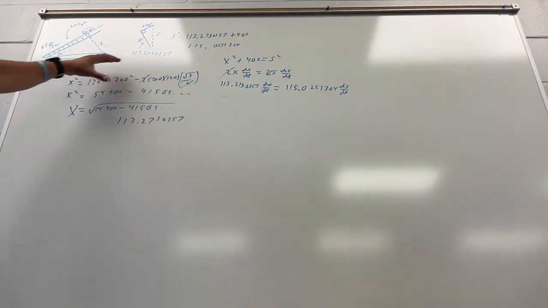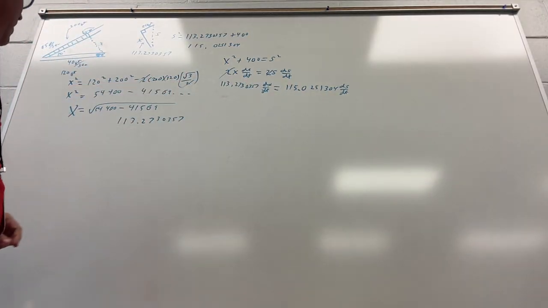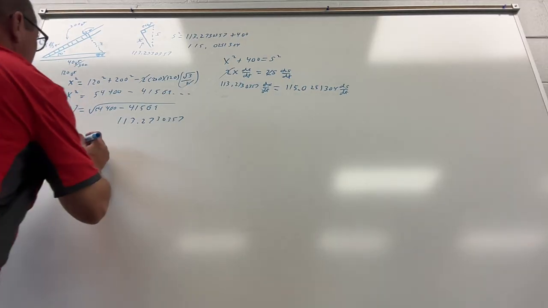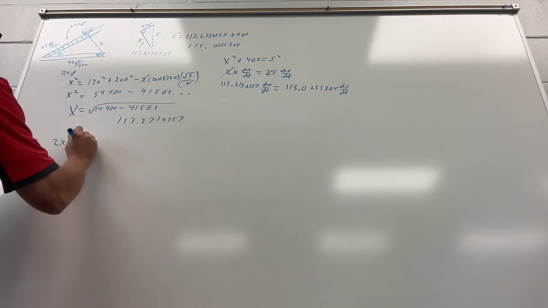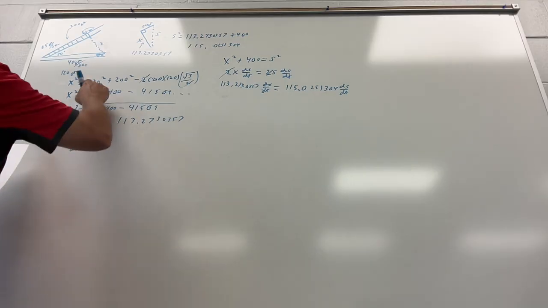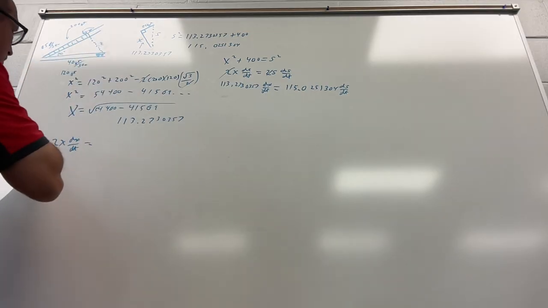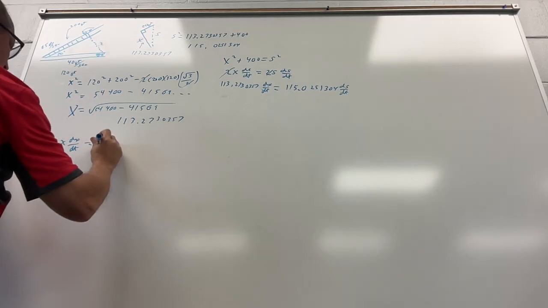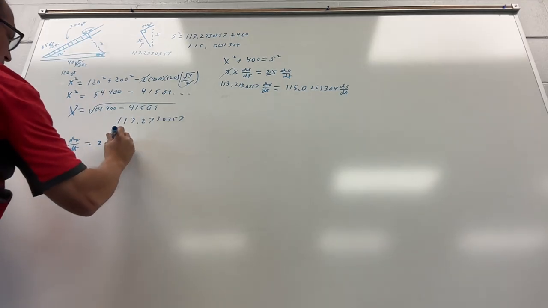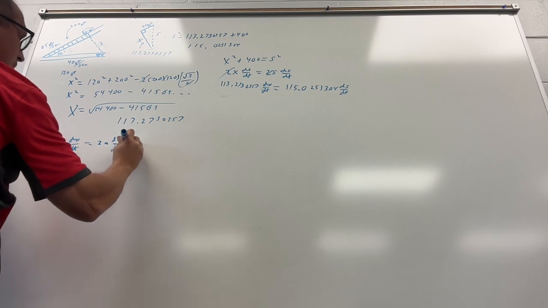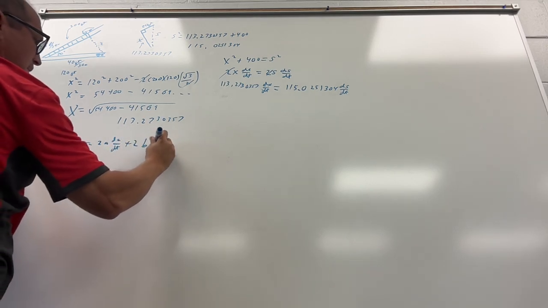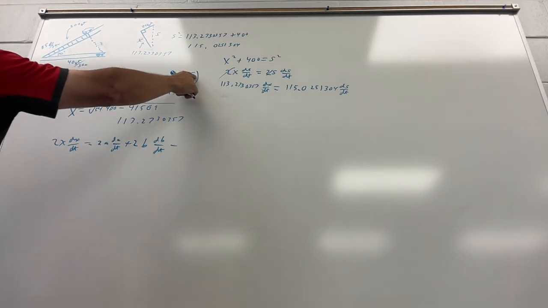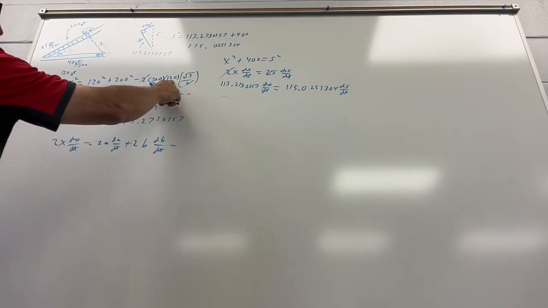To get dx/dt, we have to go back to the law of cosines and take the derivative. So we get 2x dx/dt equals, now your 120 is constantly changing, so we can't put that in. I'm going to call this A. So it's 2a dA/dt plus 2b dB/dt minus, now this is a constant, the square root of 3 times AB.